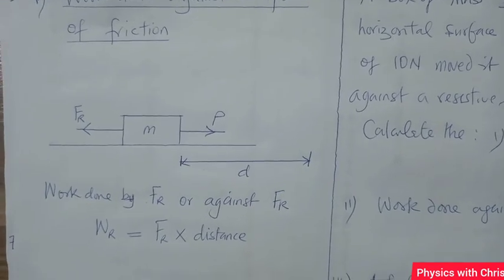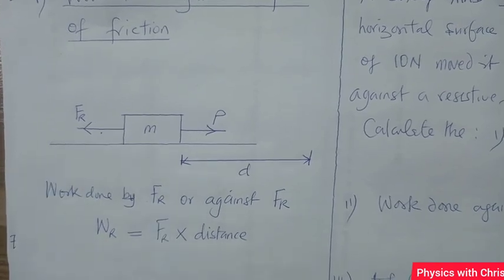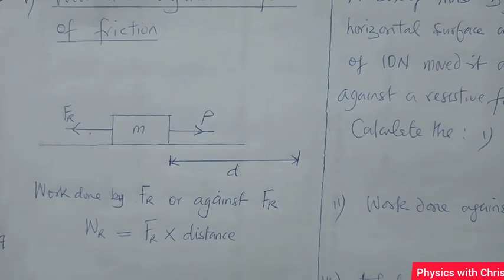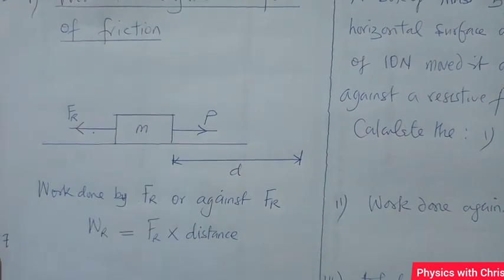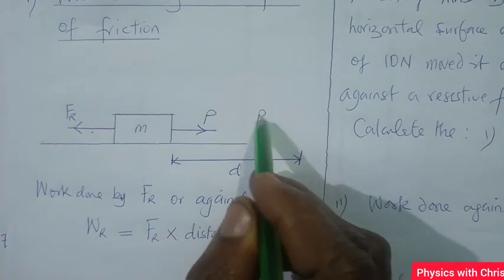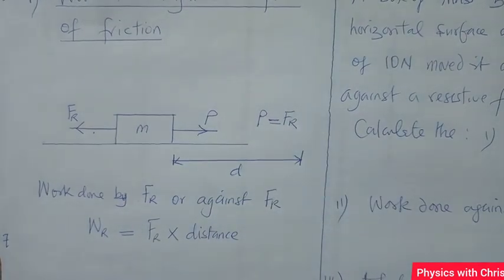Now we can write an expression for the work done against the force of friction, because this applied force will be such that it overcomes the force of friction. That is, if this block must move with a constant speed, then the applied force P must be equal to the frictional force. So that's the minimum force that must be required.